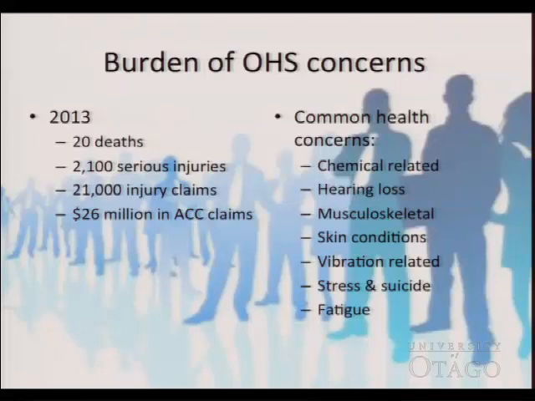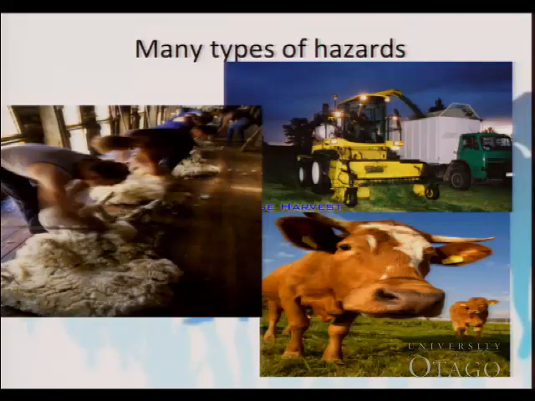You may have noticed that there's been increasing reports about stress levels in farmers and increasing rates of suicide. Although we don't have really good figures on this, anecdotally it seems that stress levels are rising in agriculture for various reasons. And fatigue, they tend to work long hours when they have to get a task done. They work at it for a long period of time and can get quite fatigued.